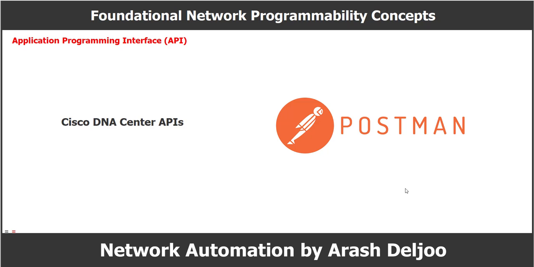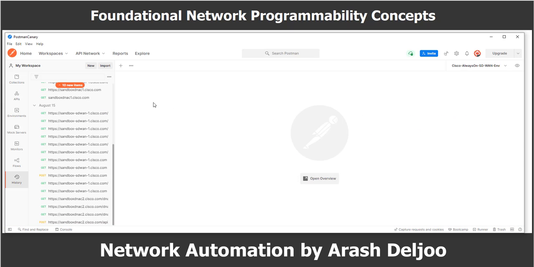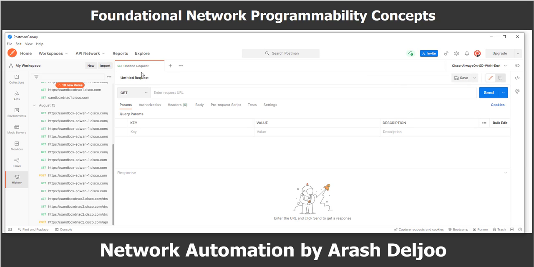Okay, let me show you here. We have the Postman, and as you can see, now we don't have any available tab. Let me open a tab, and then here now we can start, for example, the API call.